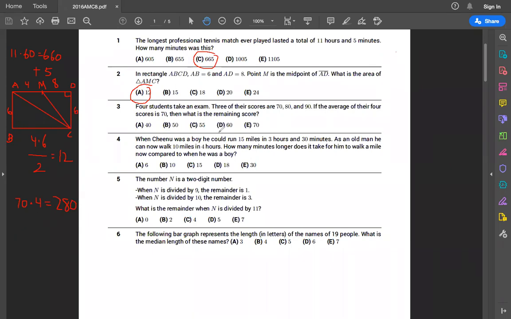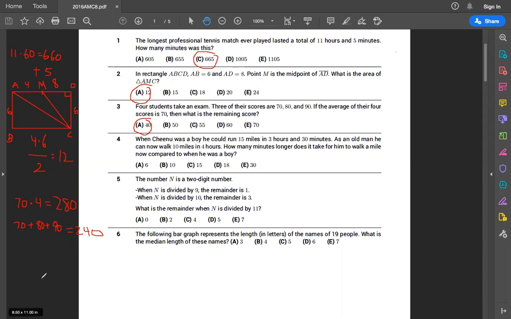And we know that 3 of their scores were 70, 80, and 90. So we can find out what 3 of the scores add up to. 70 plus 80 plus 90 is equal to 240. So to find the last score, we just do 280 minus 240, and we get A, 40, as our final answer.